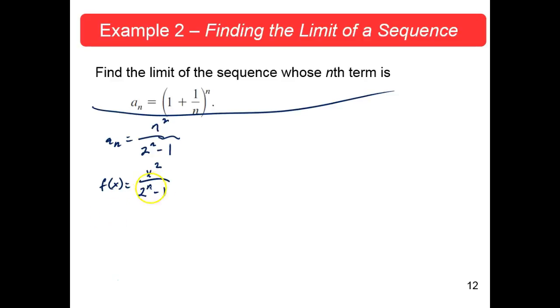Oops, that's an x there, not an n. What we've got then is the limit as x approaches infinity of x squared over 2 to the x minus 1, right?